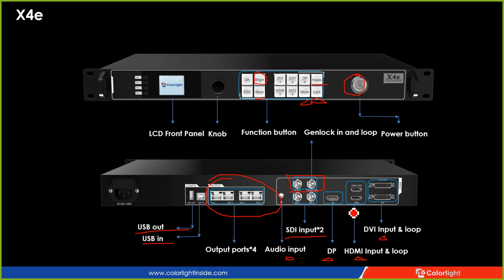One thing to mention is that we also provide the HDMI loop and the DVI loop on the X4E. This way, it can be connected to a monitor to view what is displayed on the LED screen, or to cascade into a second X4E. This way, it saves you one HDMI or DVI splitter at the front end.